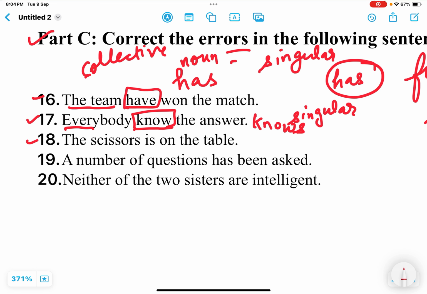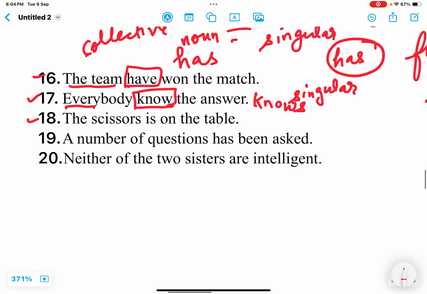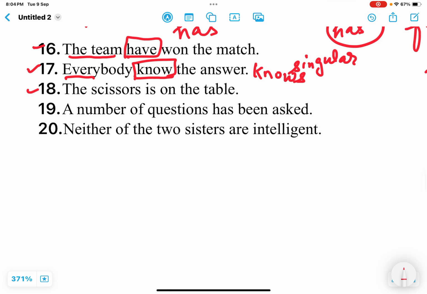Next one is the scissors is on the table. Once again, a tricky situation. See, we have so many nouns or articles that are used in pairs only. For example, jeans. Have you ever seen jeans with a single leg? No. Suppose a person is lame, then also we have two legs, right?